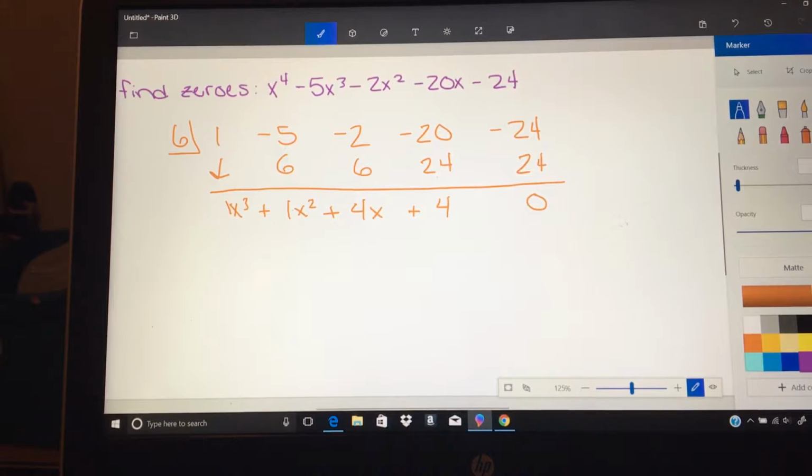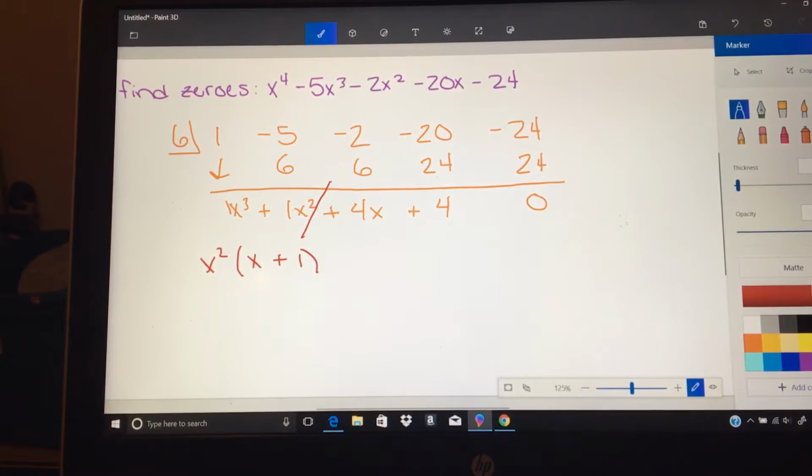So our 3rd degree function, we take a look and we say, can I maybe factor that and solve? I might be able to, so let's see if we can factor this by grouping. So I'm going to split it right there, and I'm going to take an x squared out of that function, and I'm going to get x plus 1.